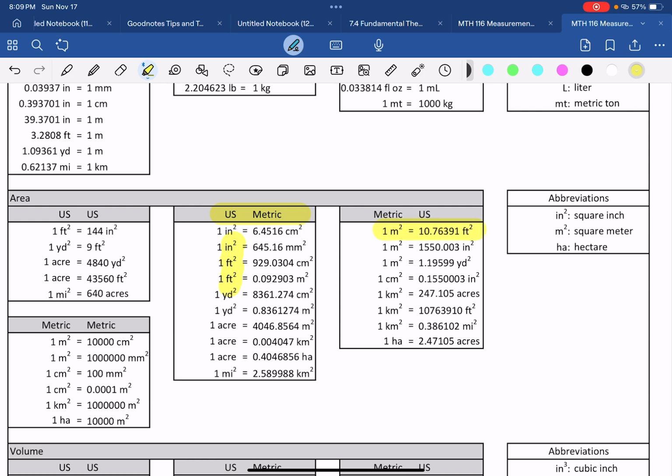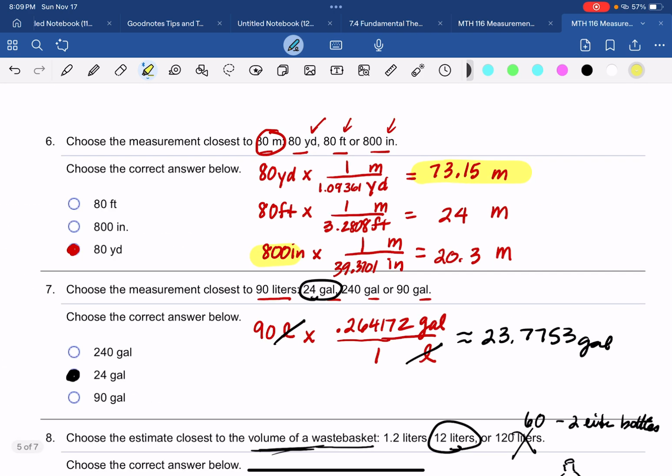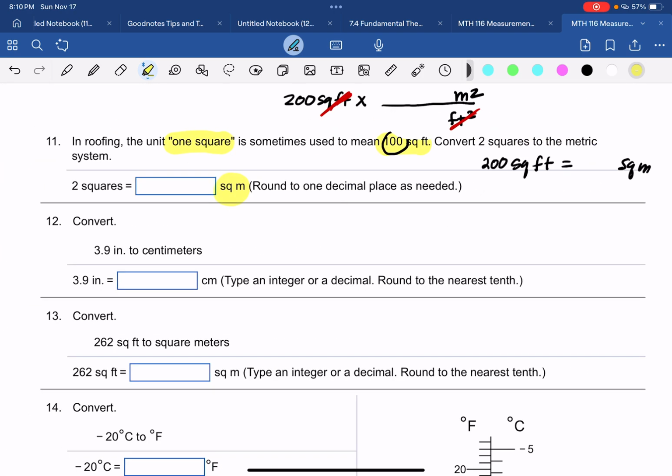A square meter is 10.76391. 1 square meter is 10.76391 square feet. So I'll write that over here. I've got 1 square meter is 10.76391.